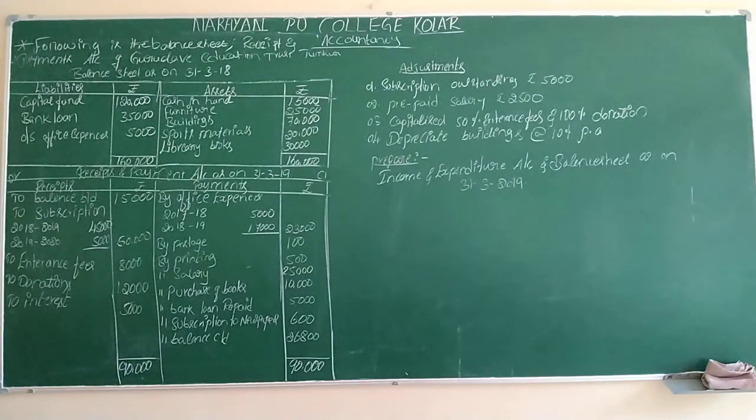My dear students, there is a slight change between the previous videos and the present video. In the previous questions, the transactions were given directly, but here the transactions are given both directly and indirectly.